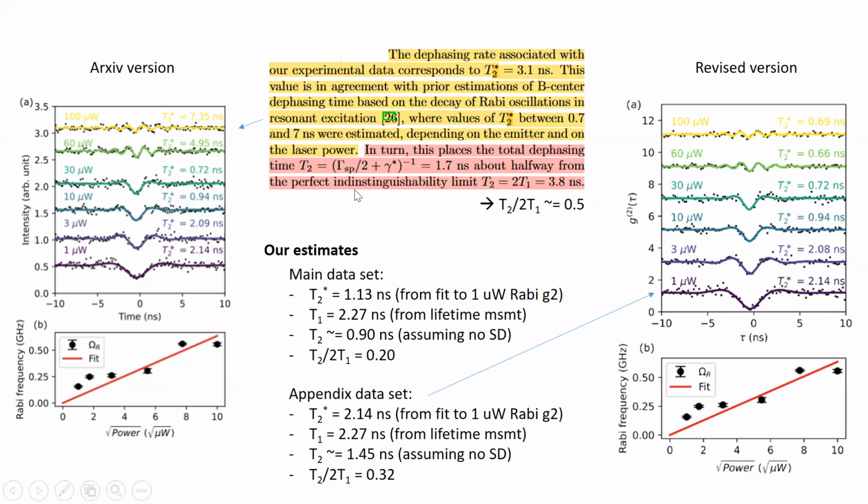Also, I thought it was curious that the lifetime they measured, it's not hugely different, but this is one of the factors that contributes to the expected visibility: the ratio between your pulse time and twice the lifetime. Obviously, if the lifetime is very, very small, then that's going to be good for your HOM visibility.